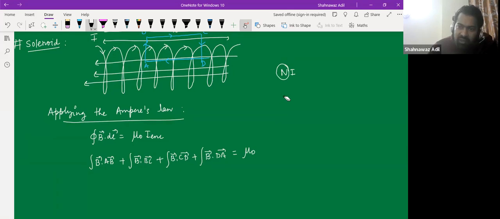We calculate it using number density, the number of turns per unit length.